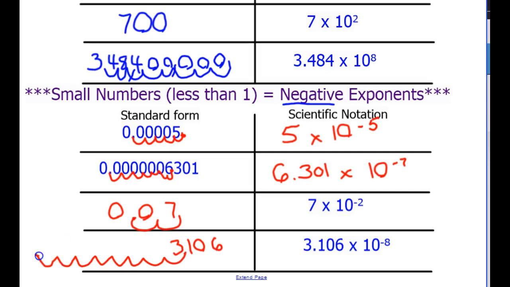And put our decimal point there now. Now everywhere that we don't have any number, we can put a 0. So 0, 0, 0, 0, 0, 0, and 0. So this is a very small number. It's got a lot of zeros in front of it. But that is 3.106 times 10 to the negative 8.